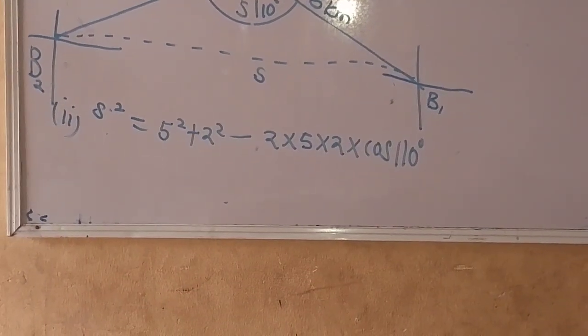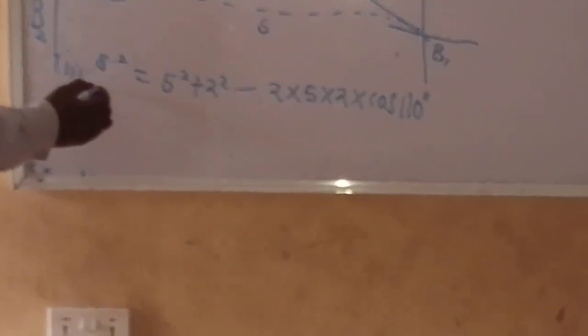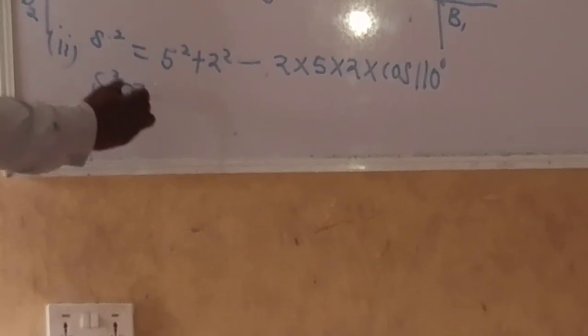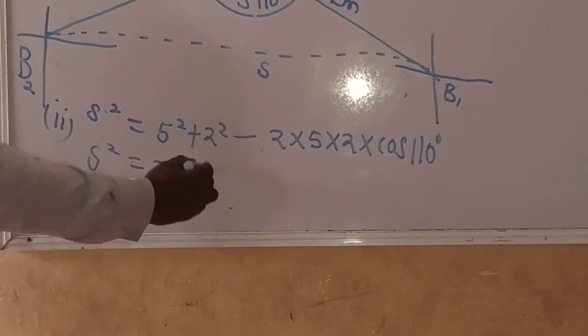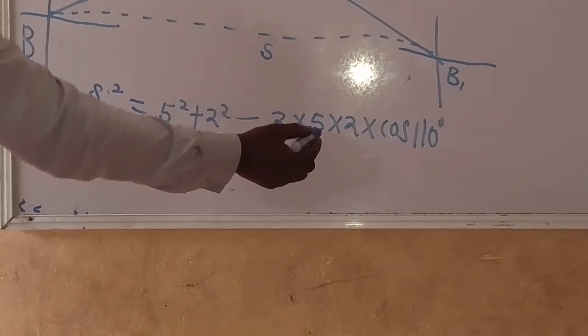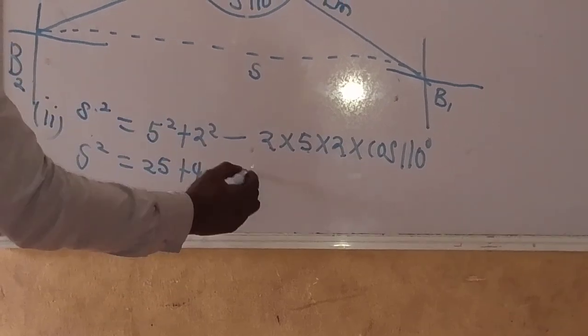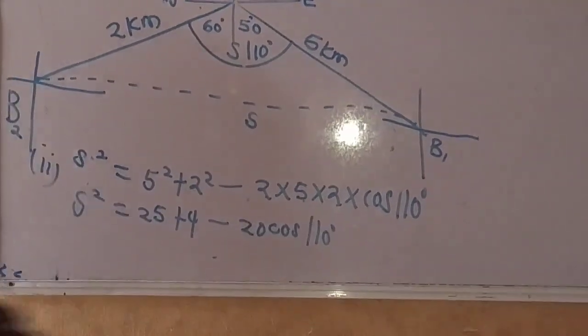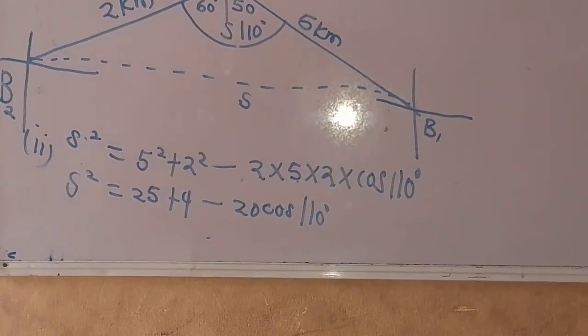If you have that, you have x squared equals 25 plus 4 minus 2 times 5, which is 10, 10 times 2 is 20, that is 20 cos 110.